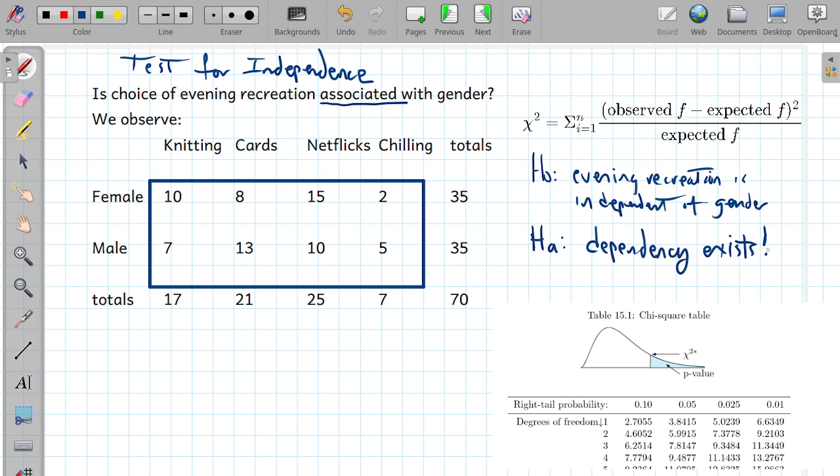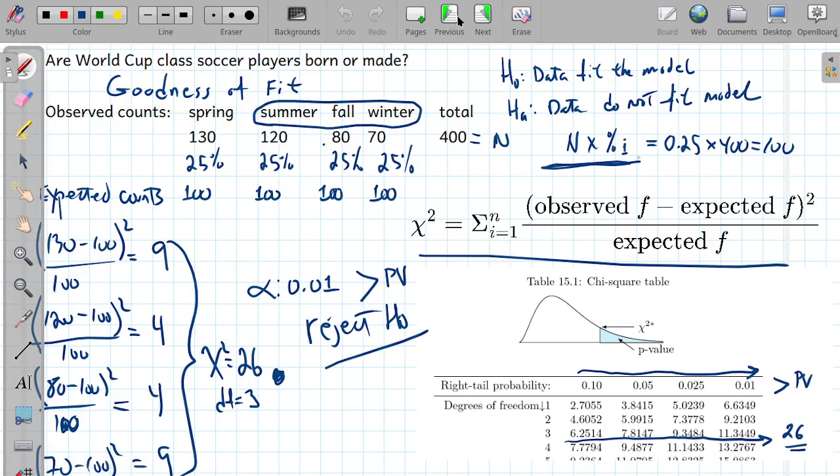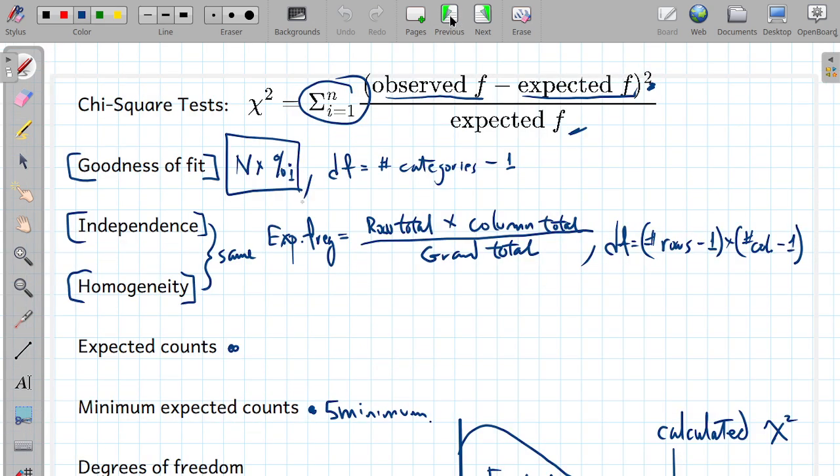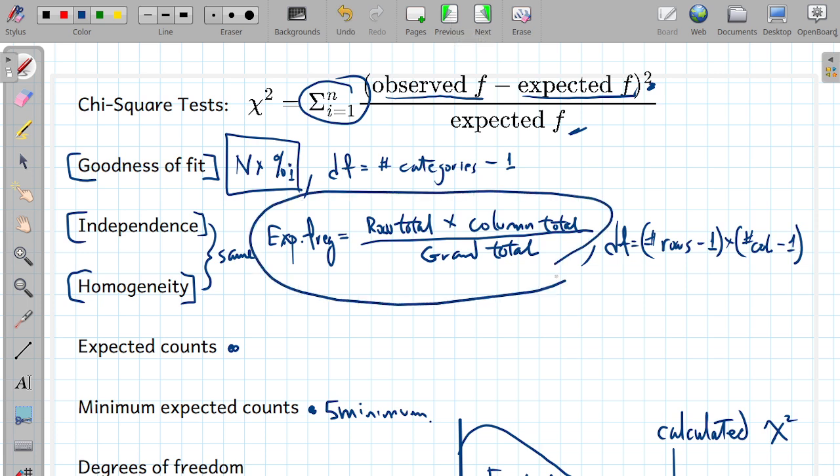Now, we've got to do a fair bit more work to answer this question. We need expected counts. And if we go back here, the expected count for test for independence or test for homogeneity is this thing here. We need the row total for each cell times the column total divided by the grand total.